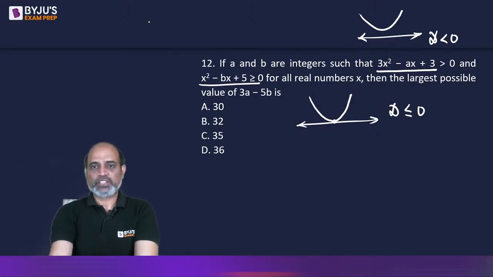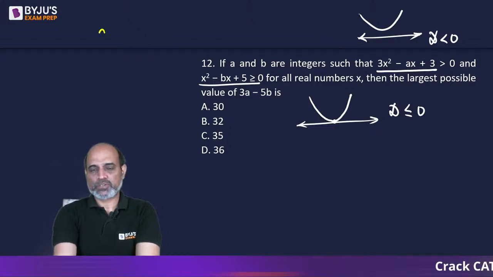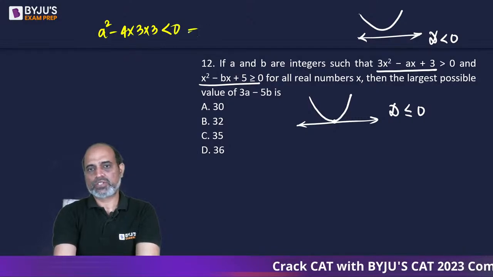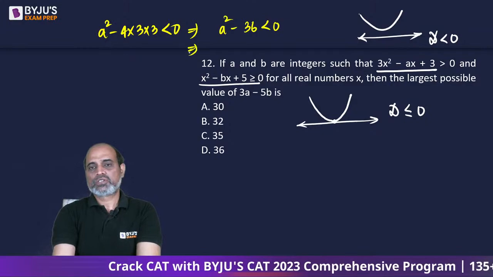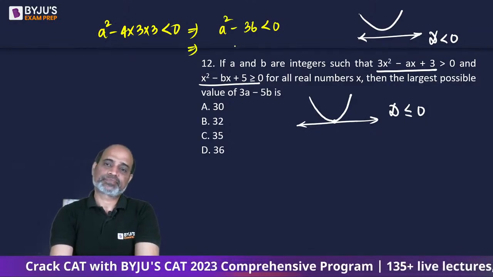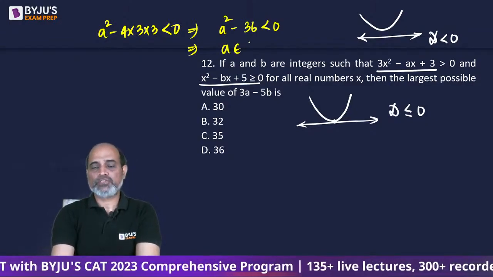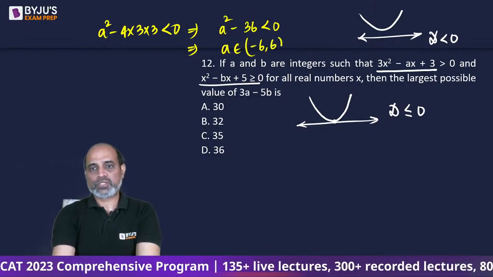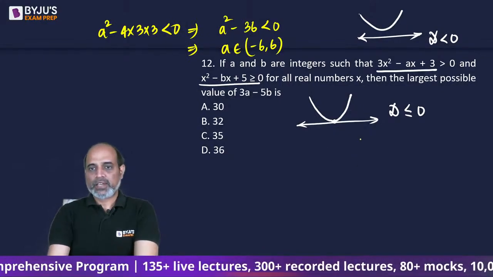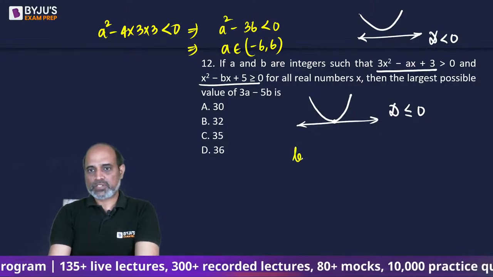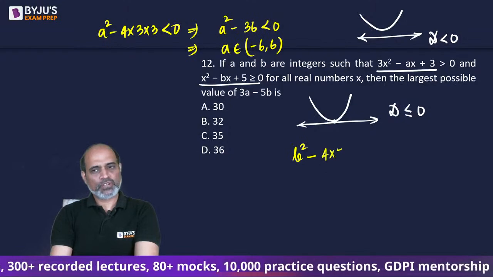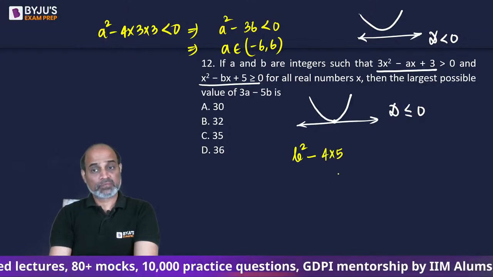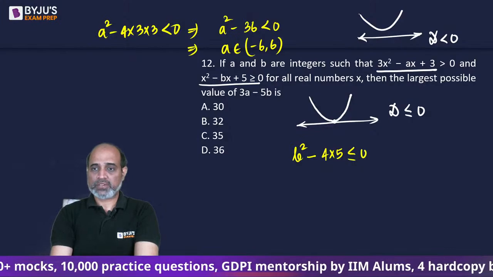Fine. If you look at the first one, the discriminant, which is going to be a square minus 4 into 3 into 3, should be less than 0. So this results in a square minus 36 is less than 0, so a is going to be from -6 to 6, not included. The next one, the discriminant is b square minus 4 into 5, less than or equal to 0.